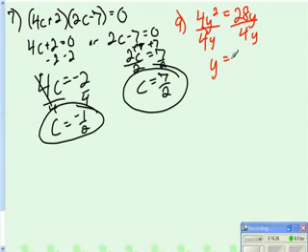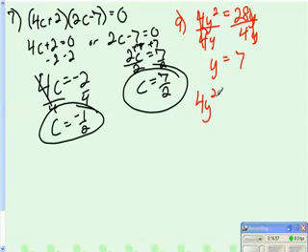That'll leave me with y and 7, because the 4 is canceled, y squared over y is y, and 28 divided by 4 is 7. Okay, so that's one way you could do it.